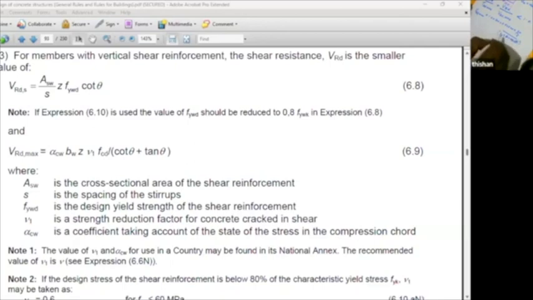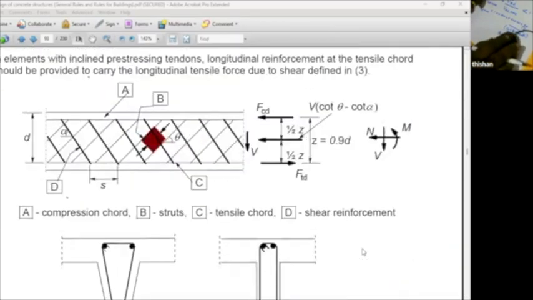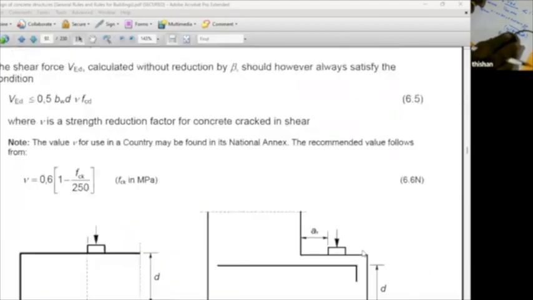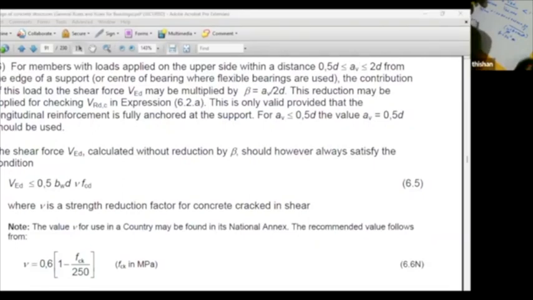I told you the first step is to assume theta as 22 and then substitute in the equation. So, Bandhuka, shall we do this calculation, first calculating this nu value? The nu value is 0.6 times 1 minus FCK divided by 250. Bandhuka, shall we calculate the nu value first?